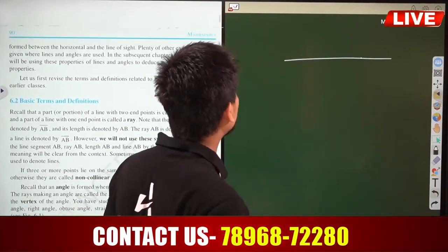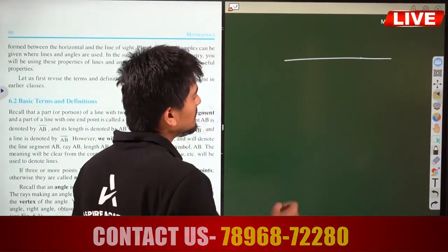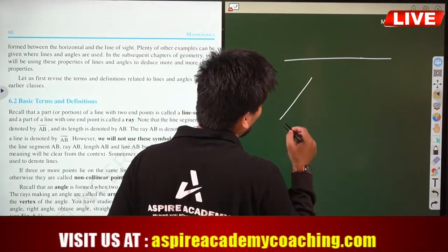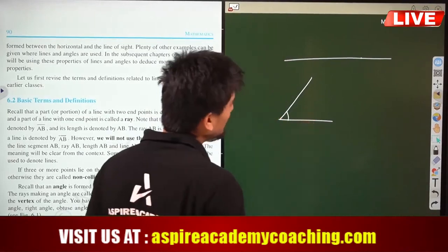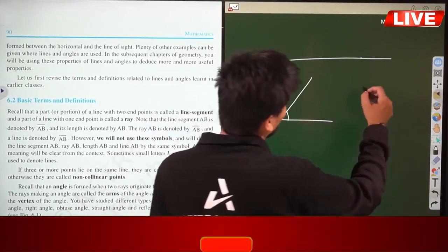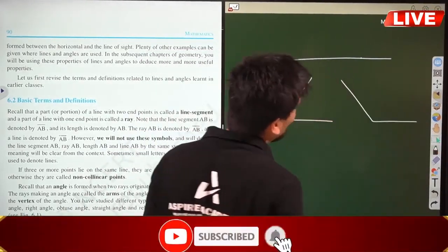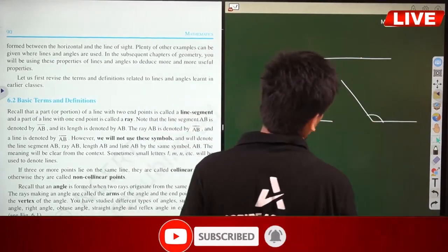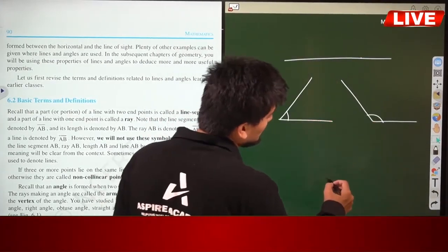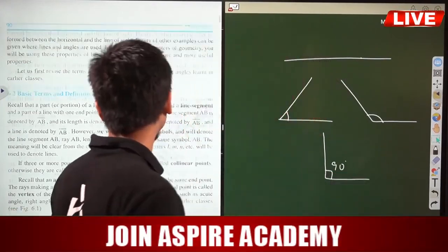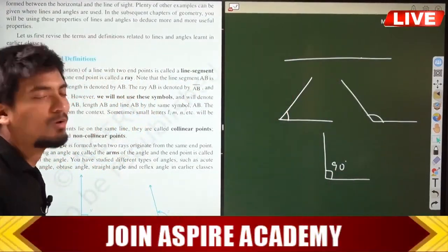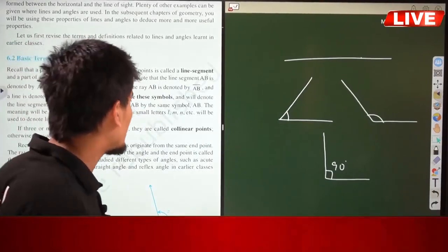You all have read about the acute angle, so this is an acute angle, right? And also you have learnt about obtuse angle, right? Then you have learnt about right angle, which is 90 degree, right? All these things you all have learnt in the previous classes.